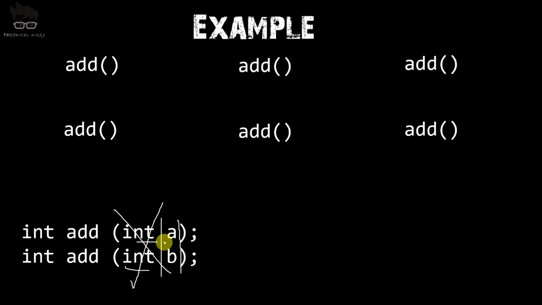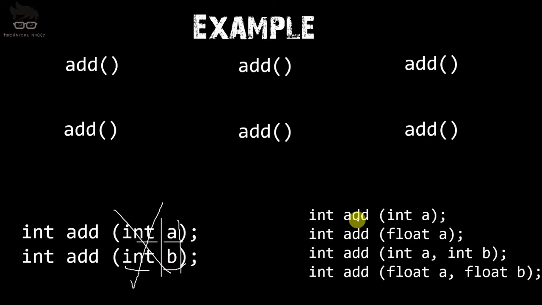Here is another example: int add with int a, one argument, but here its data type is changed to float, so it is a valid function. Also int add with int a, int b is a valid function.